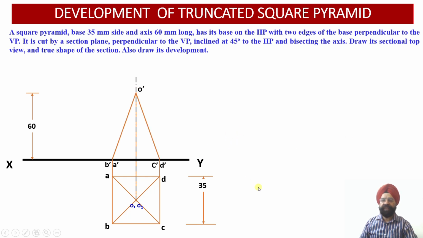Here once again we need to understand that the projection for the slant edge will be a dark or solid line, because it is in the front face of the observer, because the observer is going to view the solid from this side.